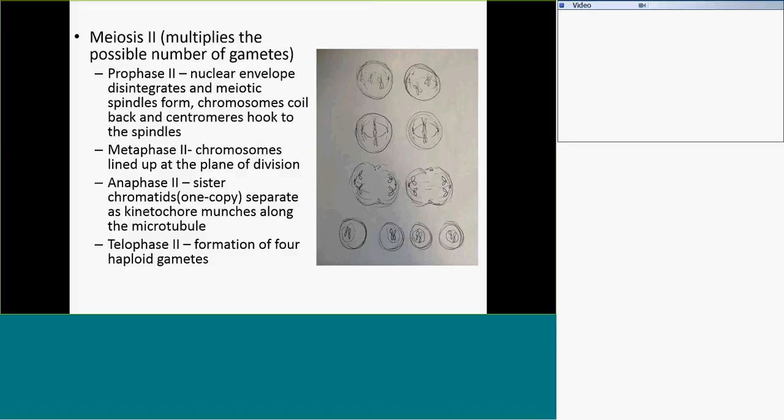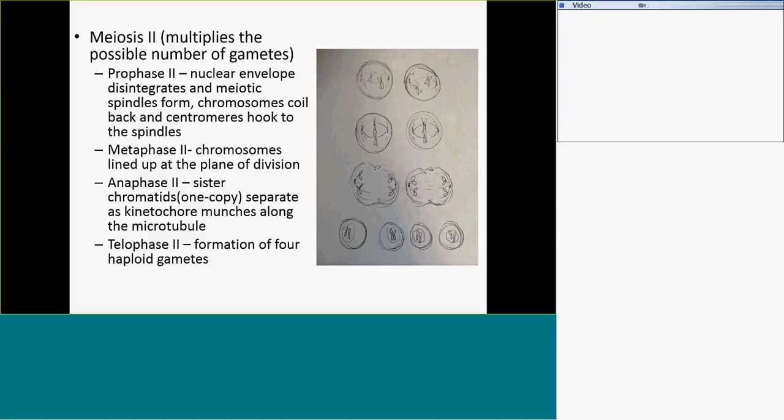Right? That brings us to meiosis 2, or the second round of division in meiosis. We're going to go from 1 to 4 cells, right? We started with 1, now we have 2, and then we're going to cut them in half again, split them again in meiosis 2. So we're seeing a multiplication of the possible number of gametes, sex cells, right?